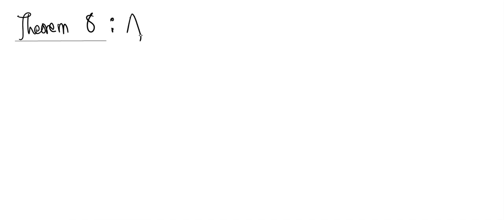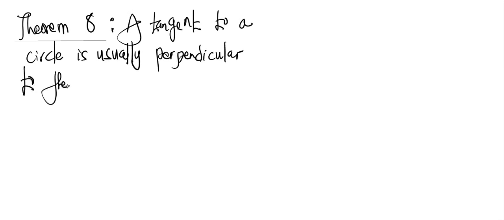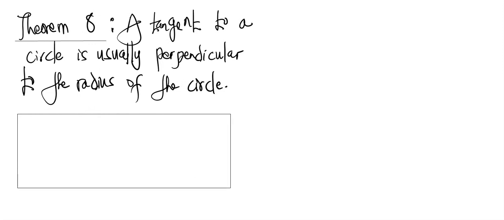A tangent to a circle is usually perpendicular to the radius of the circle. So one thing we need to take note of is that a tangent is a straight line.